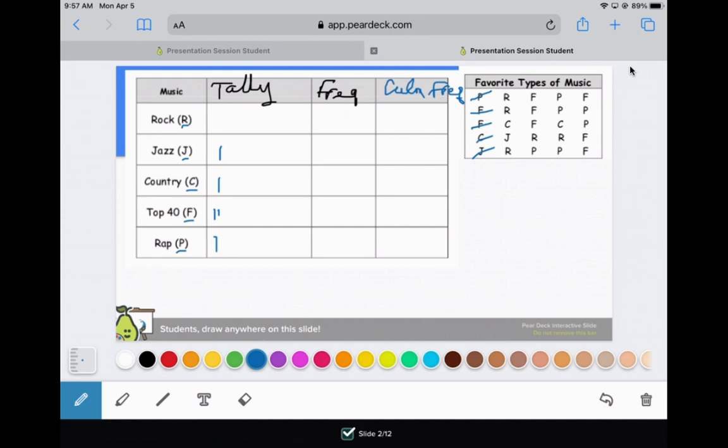The last column is cumulative frequency. So that's the total frequency. Then we go to R. There are 2 R. So 1, 2. C, there's 1. J, there's another 1. R, there's 1. So there's 1, 2, 3 F. So 1, 2, 3.